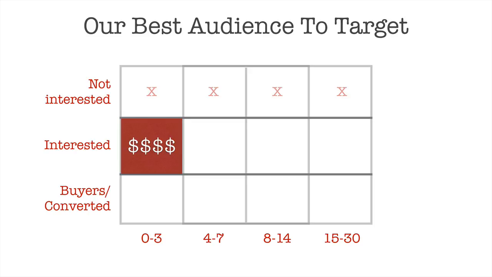Let's just assume that we've looked at the analytics and we've determined this. We've worked out that more recent people are more likely to come back and buy in the near future. It just makes sense. Someone that's been to your website in the last few days is probably more interested in buying what you've got than somebody that was there 2 months ago, and they're probably more interested than the person that was there a year ago.